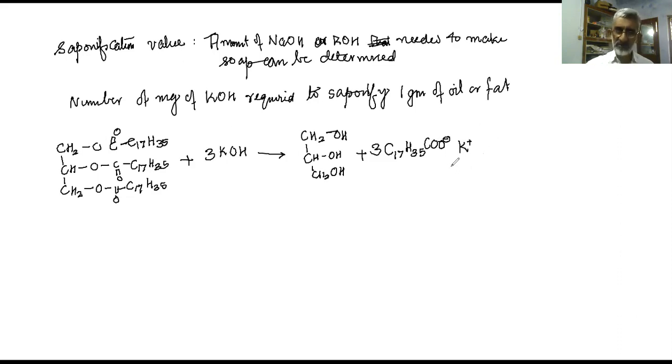So this is the salt. This is what is called soap. This is the potassium salt. Okay.